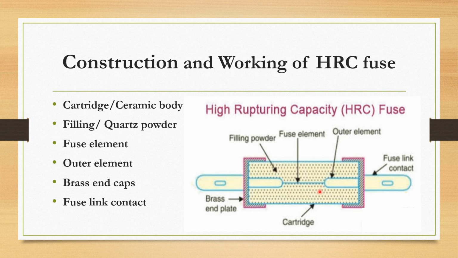Because of the melting, the vapor of metal is getting created, and it comes in contact with quartz powder, and due to chemical reaction, quartz powder produces fumes and an insulating substance which helps in quenching the arc, and that is how extinction of the arc in this cartridge takes place. This is how we are getting protection during abnormal conditions, or overload condition, or short circuit condition.